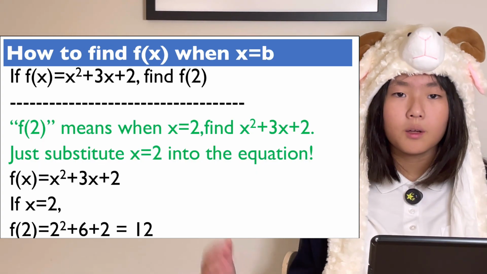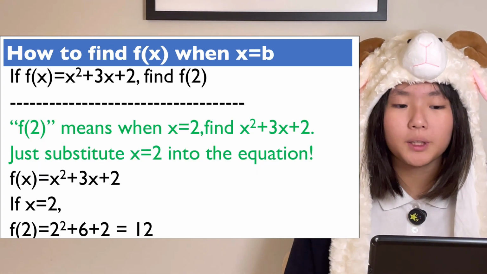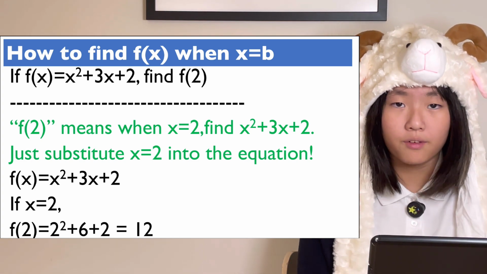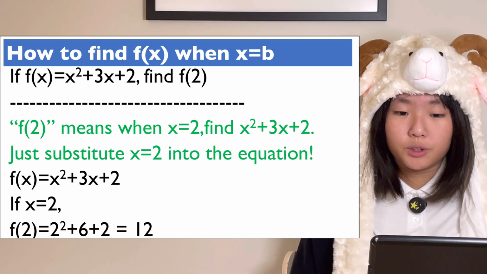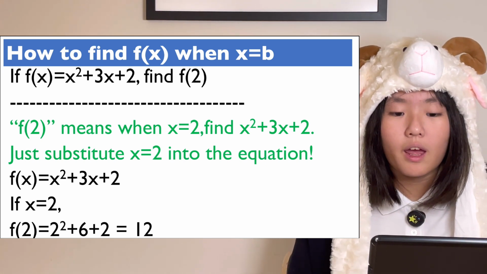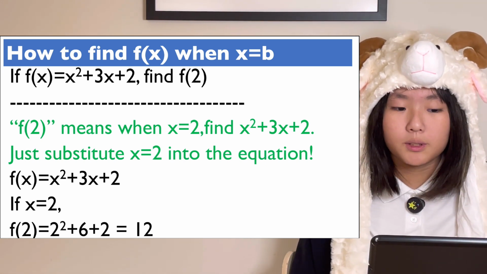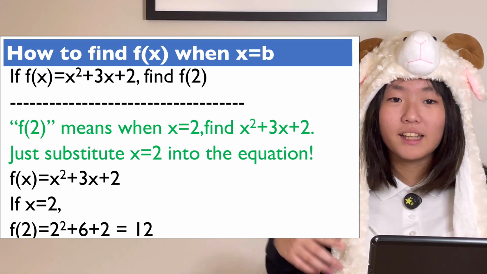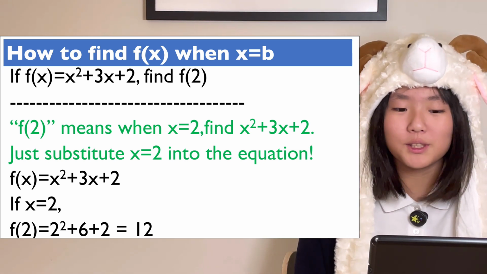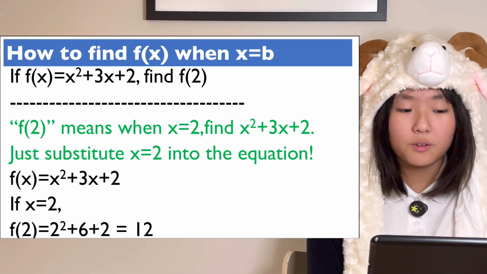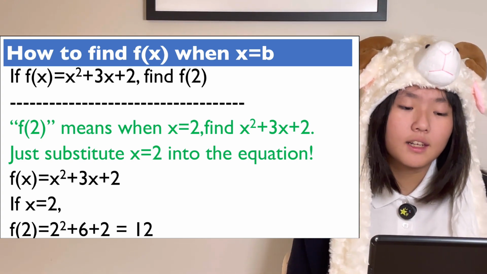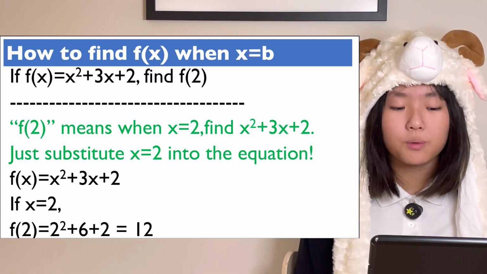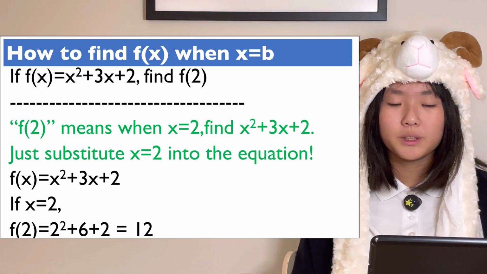If f(x) equals x squared plus 3x plus 2, find f(2). f(2) means x equals 2. So just find x squared plus 3x plus 2, and to find it, just substitute x with 2 into the equation. So if x equals 2 in the equation I just said, then f(2) equals 2 squared plus 6 plus 2, which is 12.